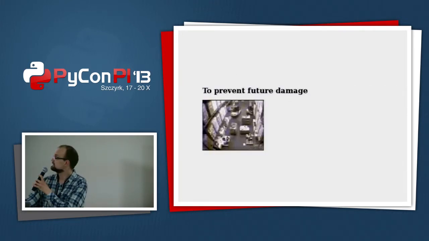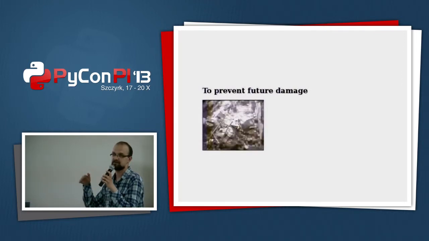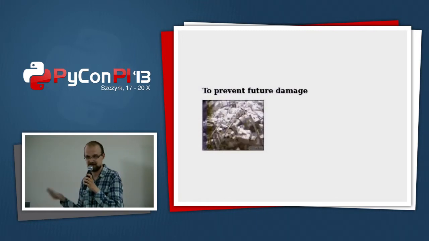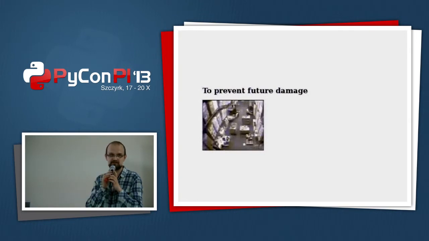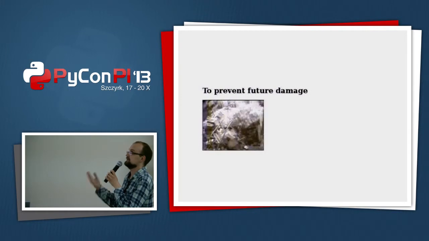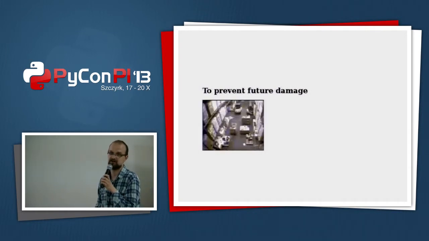The second reason is quite obvious. We want to prevent any damage, because we work in an iterative way. Our systems grow, we rather don't use a pure waterfall. Then when we add new features, we often break old ones.